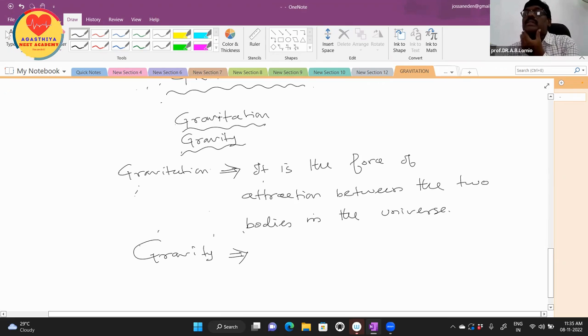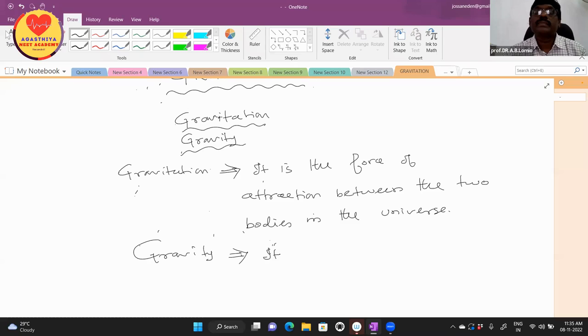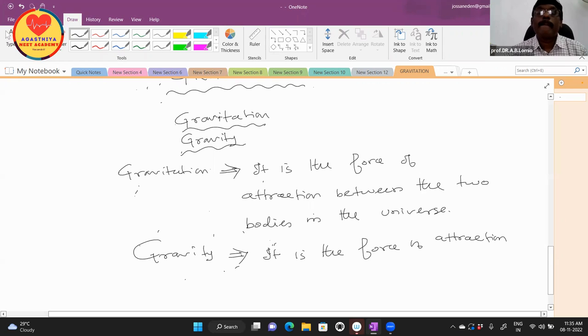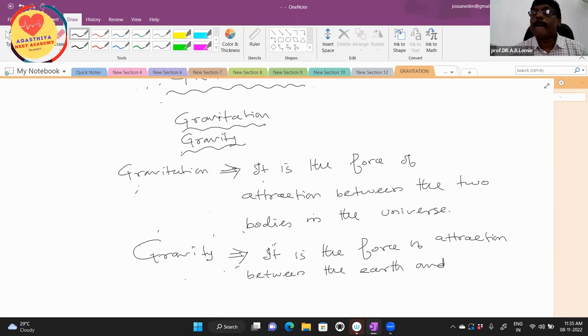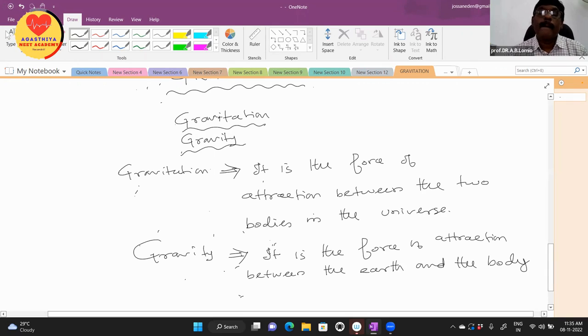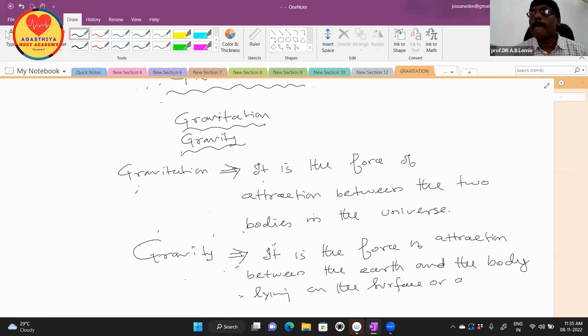Gravity is a force of attraction between the earth and the body which is lying on the surface of it, or above the surface.